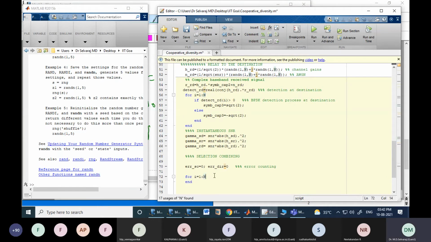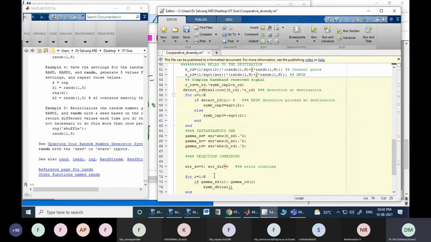First thing, if gamma ST of the ith is greater than gamma RD, relay to destination, then my final detected symbol, we'll call it symbol double cap.